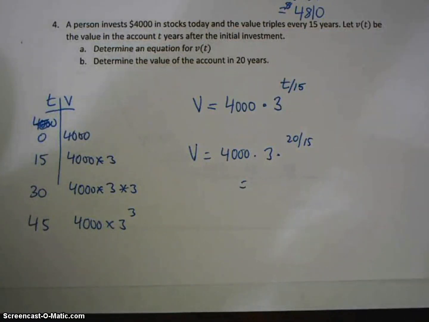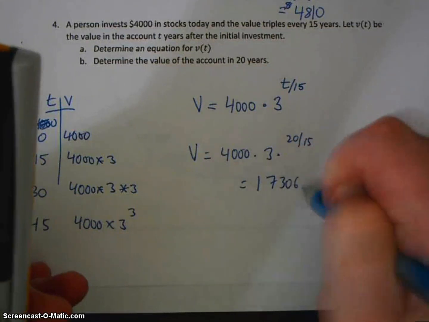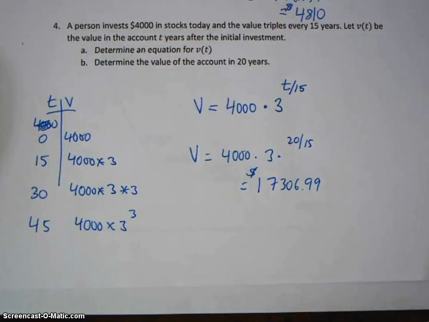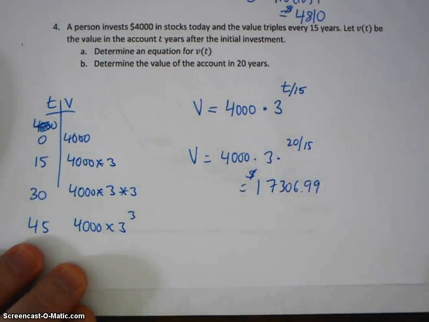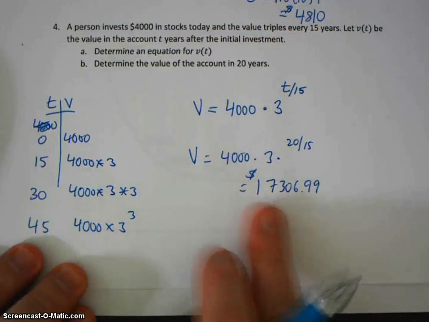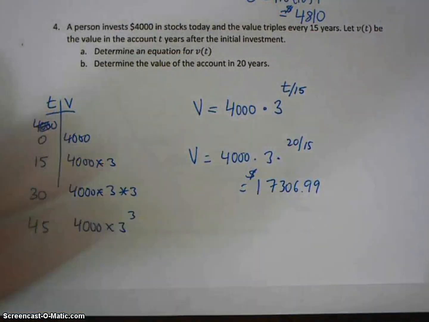According to my calculator, I get $17,306.99, which seems reasonable because in 15 years it would have tripled. That would have been 12,000, so it had to be more than 12,000, less than tripling again. Seems reasonable.